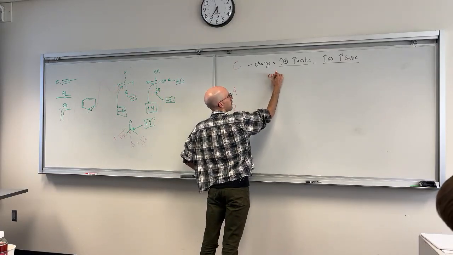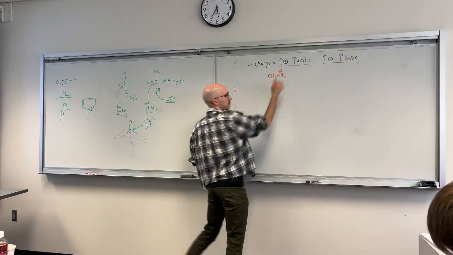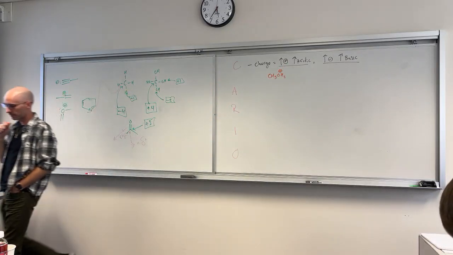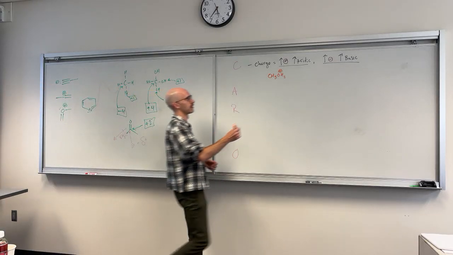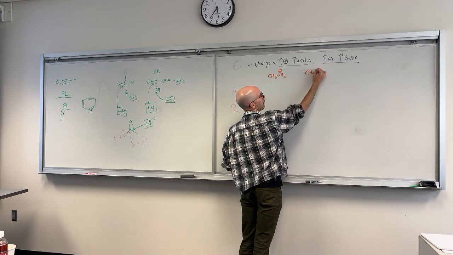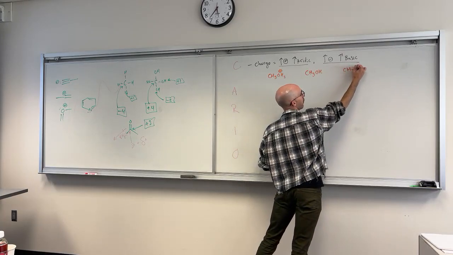Let's take this methanolium ion. I forget how to make an alcohol a cation. Sorry. This is protonated methanol. The oxygen has taken on a hydrogen. And let's compare it to methanol, and let's compare it to methoxide.